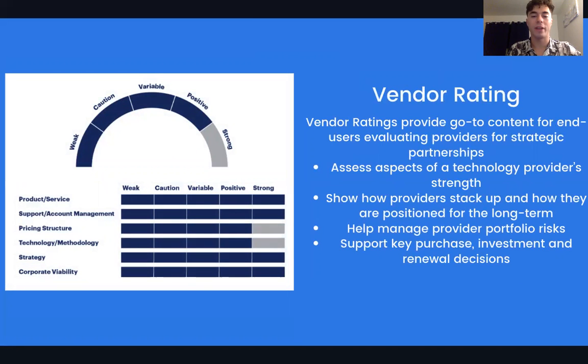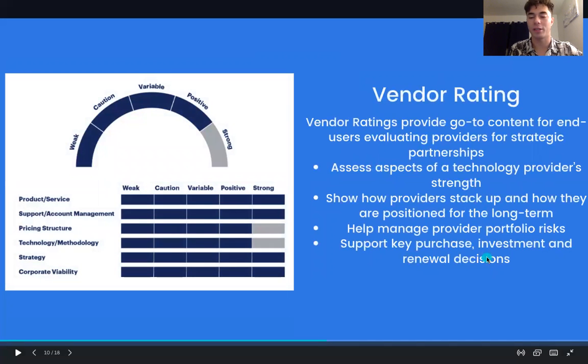Now we're going to move into our vendor rating. And so our vendor rating, the use that our customers have for this is that it displays how providers stack up and are positioned for the long term, in addition to assessing their strength and helping manage their providers' portfolio risk.